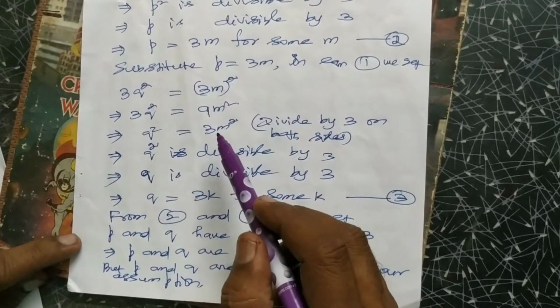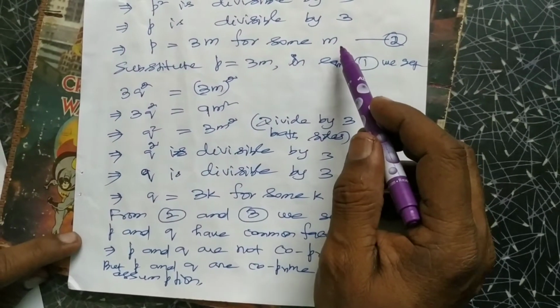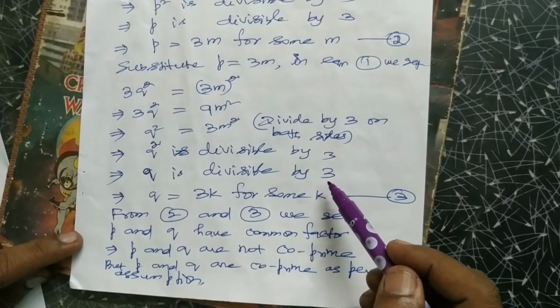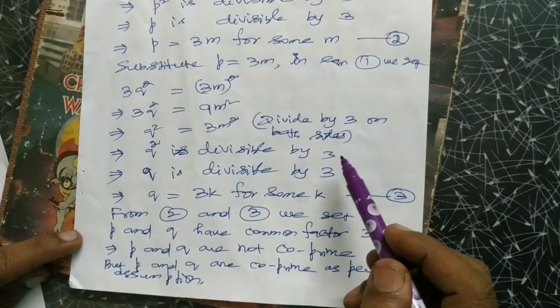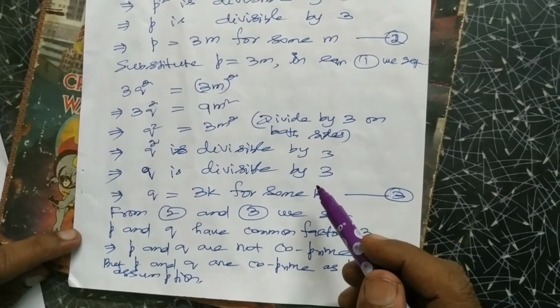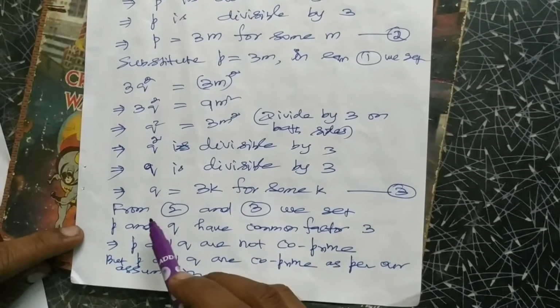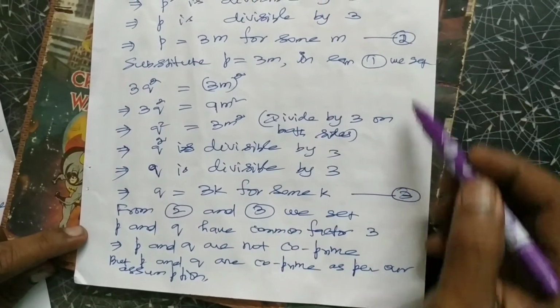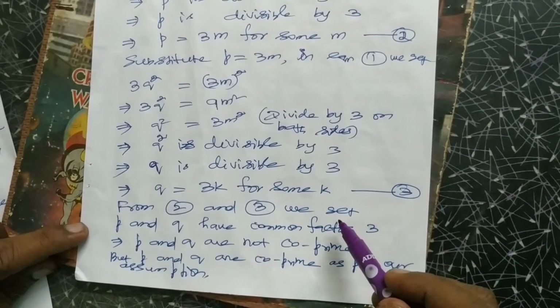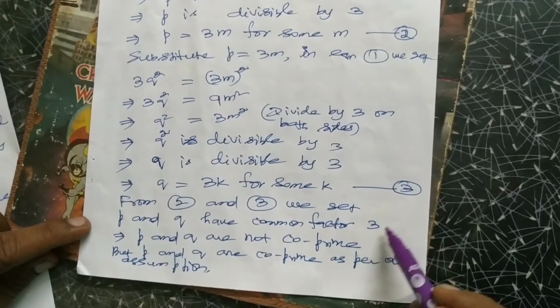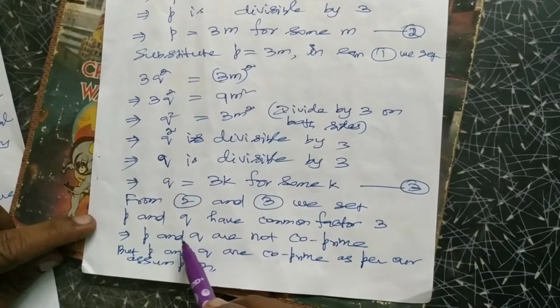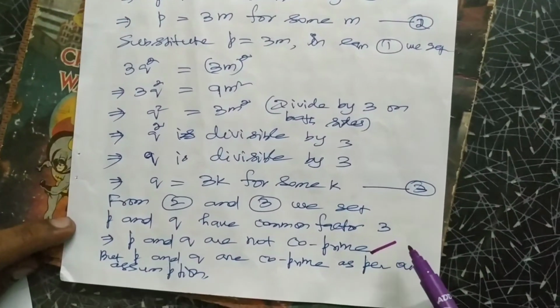Now, we have seen that p is divisible by 3 and q is also divisible by 3. For example, 9 is divisible by 3, 12 is divisible by 3. Do they have a common factor 3? Yes. Therefore, from equations 2 and 3, you see p and q have common factor 3. When they have a common factor, this implies p and q are not co-prime.